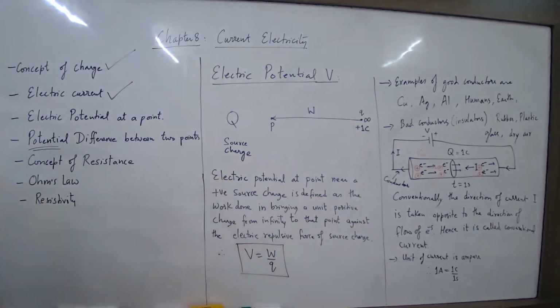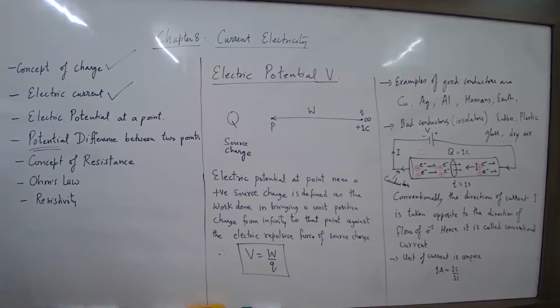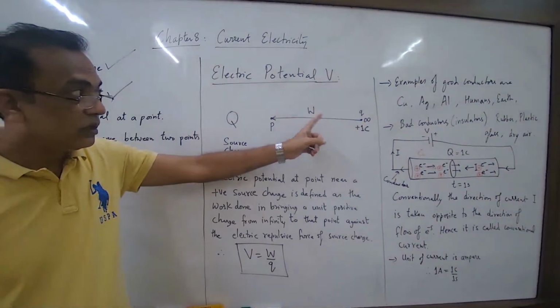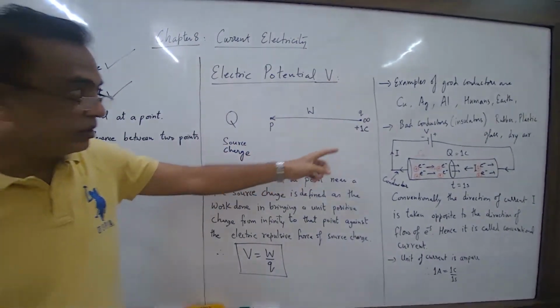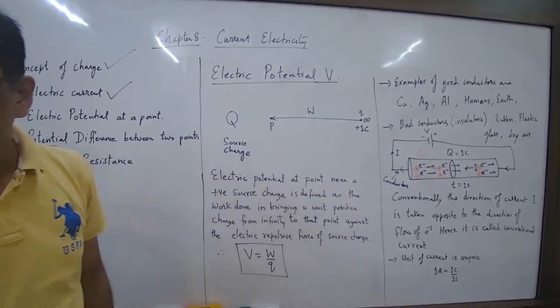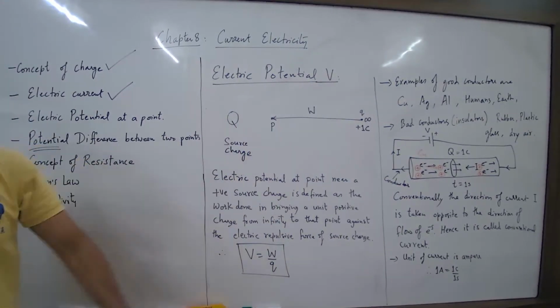Work done per unit charge. If W is the work done in bringing charge Q from infinity to point P, then the work done in bringing a unit charge from infinity to this point is W by Q. That itself is the electric potential at point P.